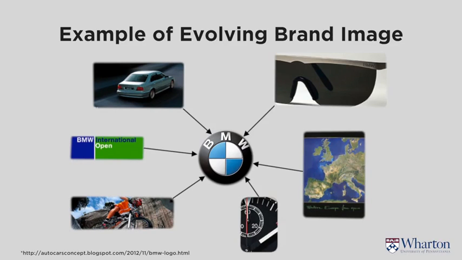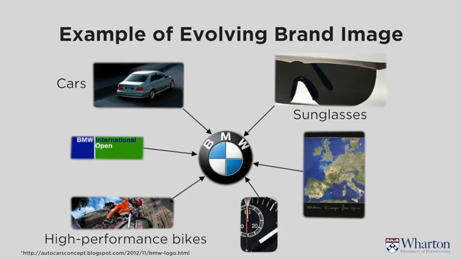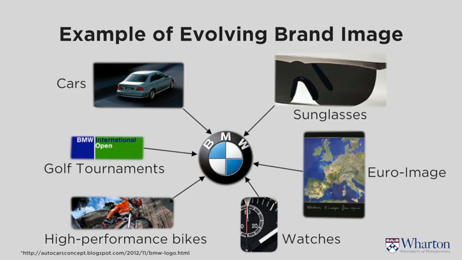They not only were very careful with their advertising, they mean performance, which is something that can stay modern, but they also changed their design of the cars. They had BMW sunglasses. They sponsored high-performance bikes. They sponsored golf tournaments. They associated their brand name with young and powerful and good imagery, and so their associations never did turn negative, and they stayed a very positive association.